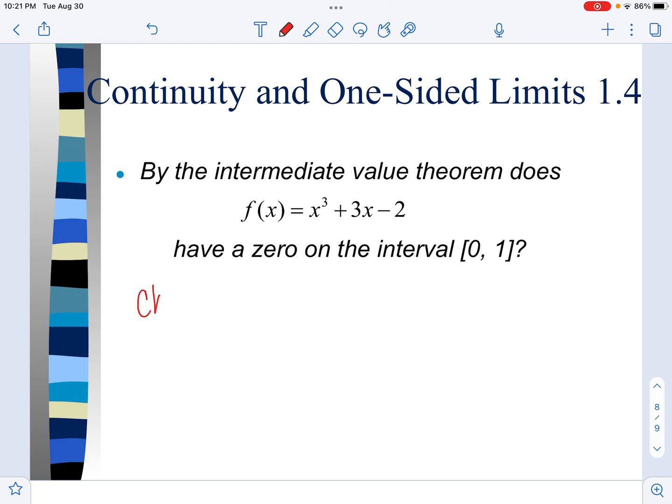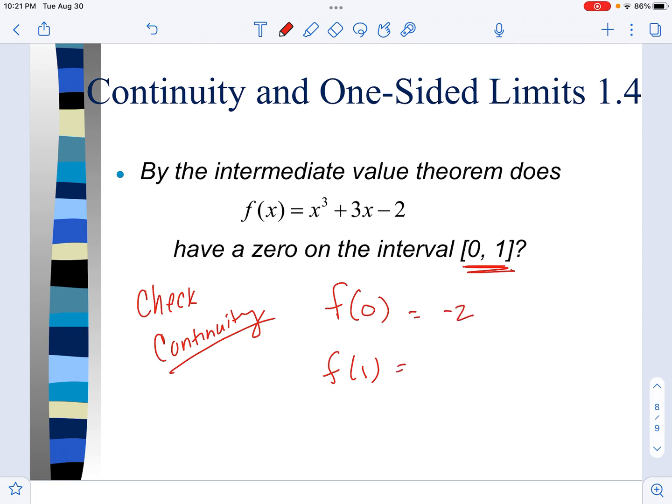So we have to check continuity. Once we know it's continuous, then we have to look at our endpoints here. We need to find f of 0 and f of 1. So if we plug in 0, we get -2. If we plug in 1, we get 1 plus 3 minus 2, which is going to give us a positive 2.